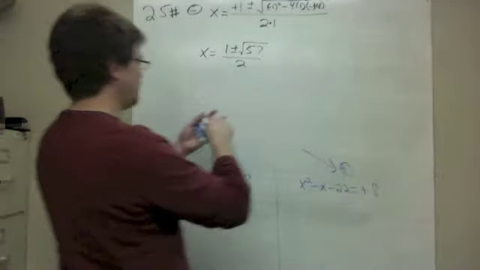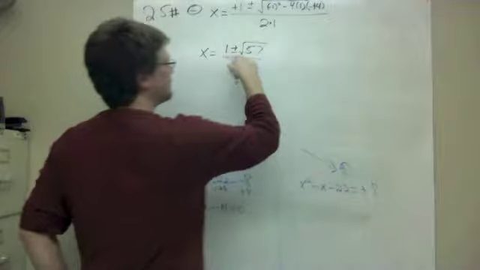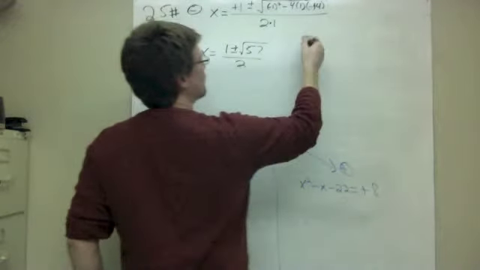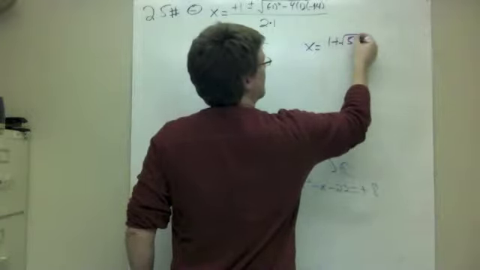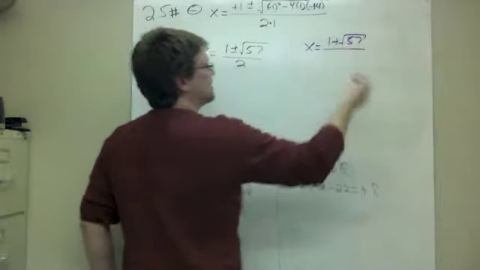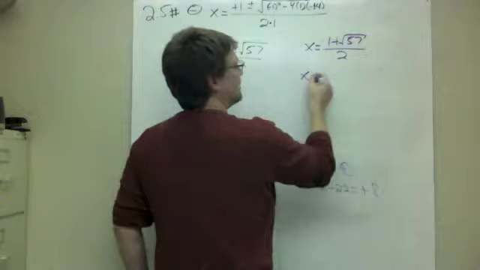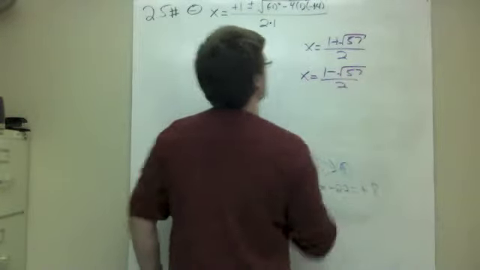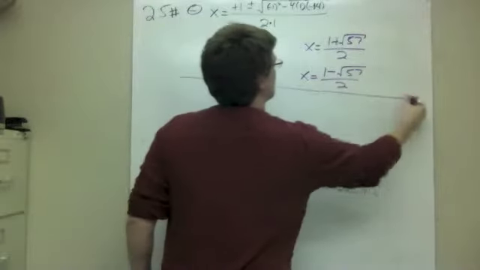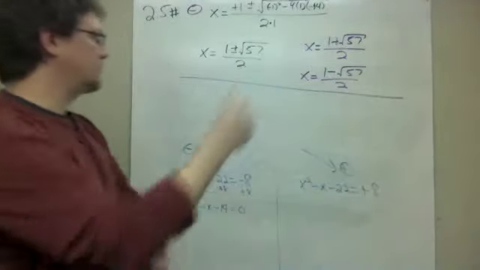So here we're going to have two solutions. X is equal to 1 plus the square root of 57 over 2, where the square root of 57 is a little more than 7, and x is equal to 1 minus the square root of 57 over 2. Okay, so those are the solutions we get from the minus side. We get two distinct solutions there.